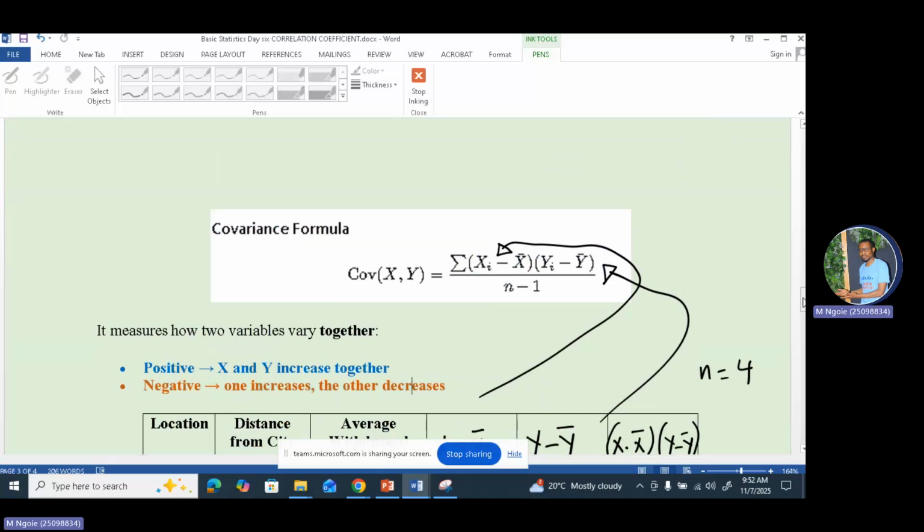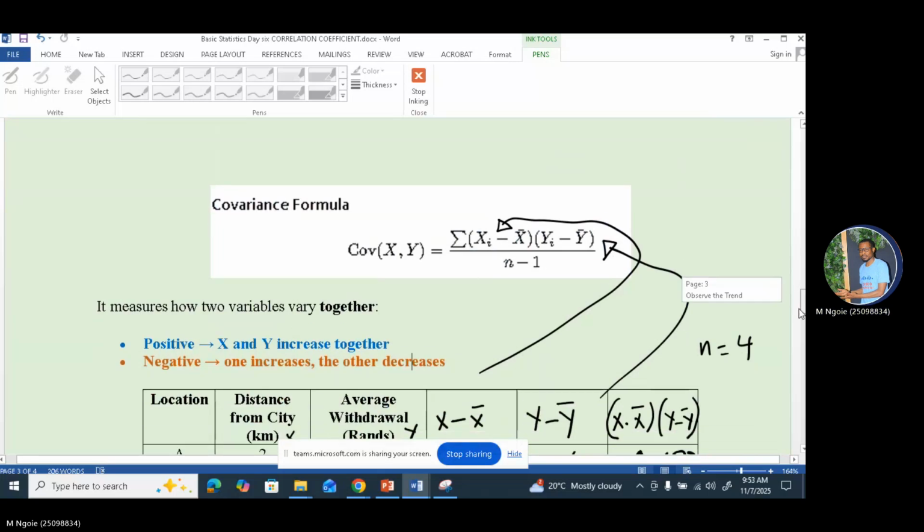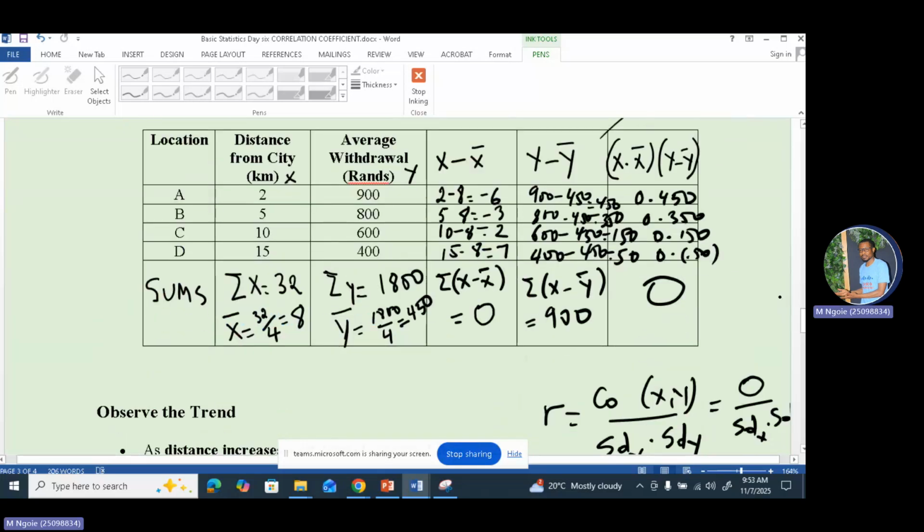Very easy. Right, so here we are. Yeah, just look at this number. Right, very easy to find.